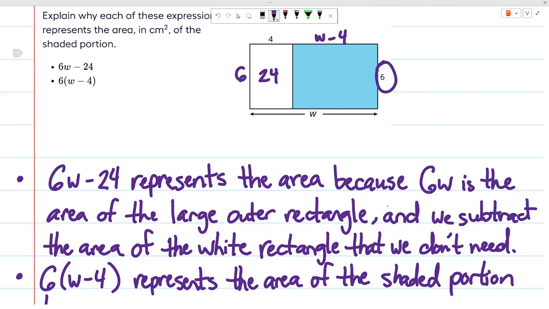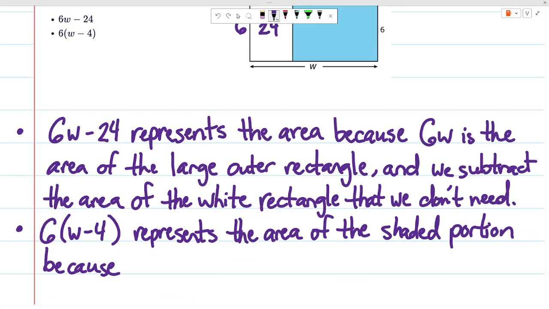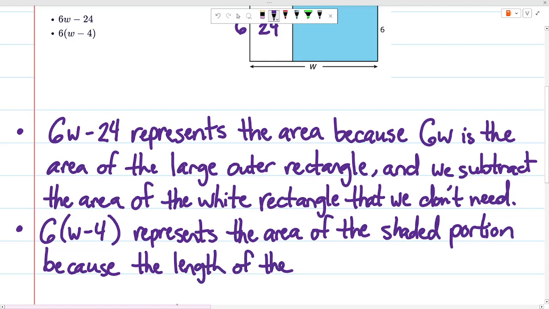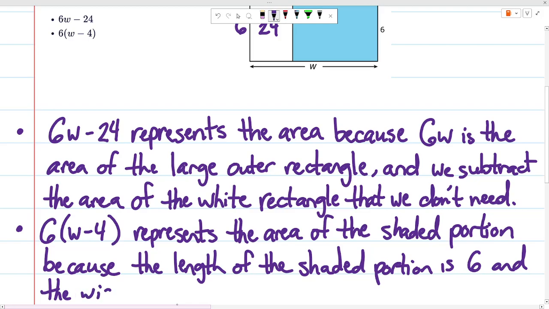Well, 6 is the length and W minus 4 would be the width, and we can multiply the length and width to get the area of a rectangle. So it represents the area of the shaded portion because the length of the shaded portion is 6, and the width is W minus 4.